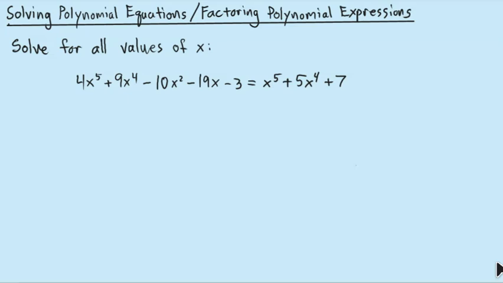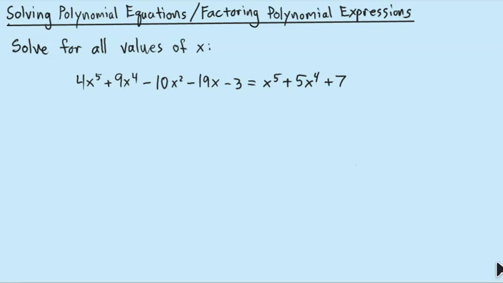Now this procedure for solving an equation is basically the same procedure if you're simply trying to factor a polynomial expression. So I'm going to show you how to do both of them at the same time, okay? So let's say we have a problem here. It says solve for all values of x.